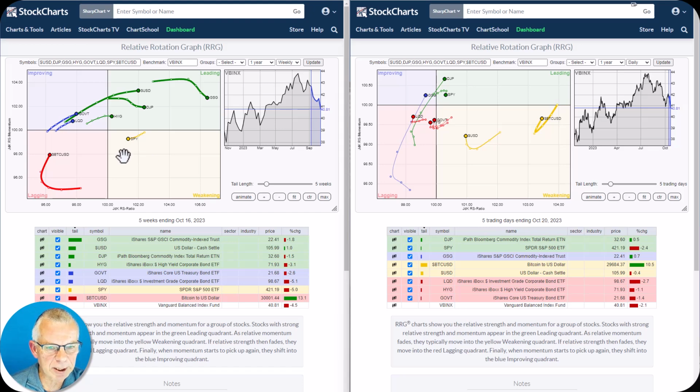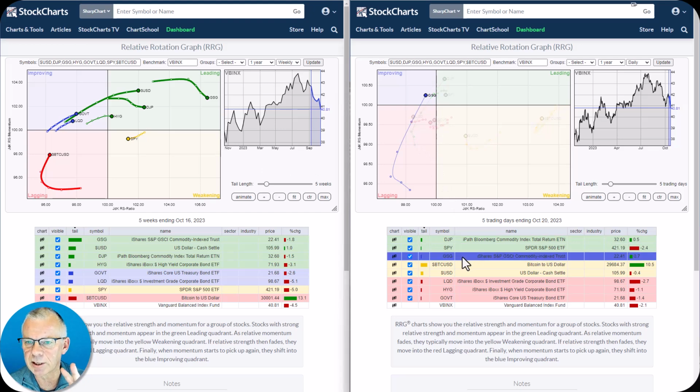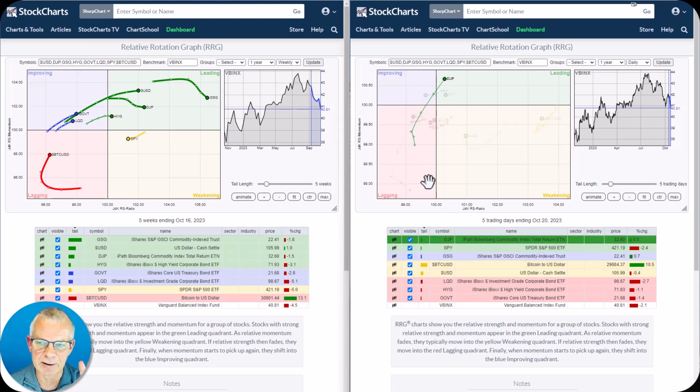Now the two tails that really stand out on this RRG are the commodity ETFs, DJP and GSG. You see that they're inside the leading quadrant on the weekly chart. I've got GSG right here, a nicely moving tail heading strongly in a northeastern direction towards the leading quadrant, and DJP a little bit ahead of that, already inside the leading quadrant at a strong heading.